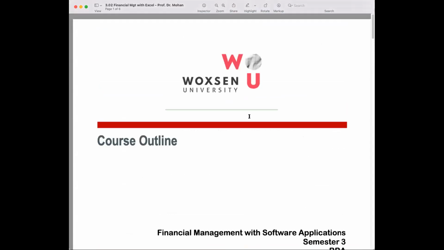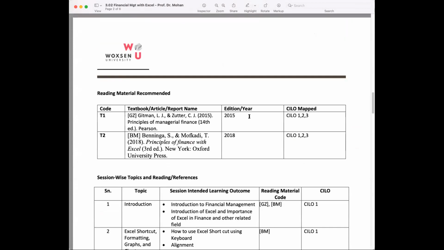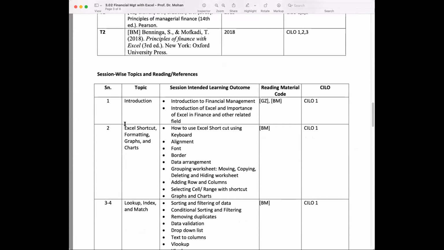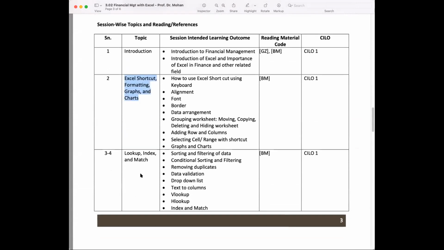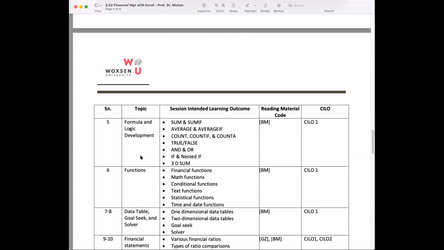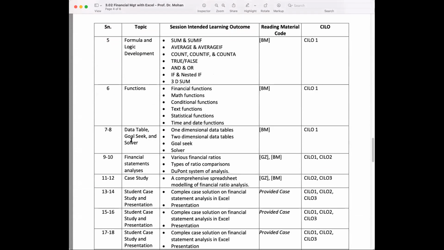Yes, sir. Okay, so we have already done so many things like the introduction, Excel formatting, shortcuts, graphs, charts, lookup, index, match, formula, logic development, function. These are the Excel basics that we did during the initial sessions.